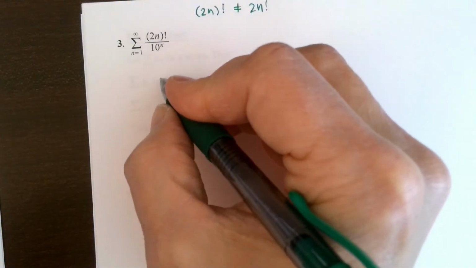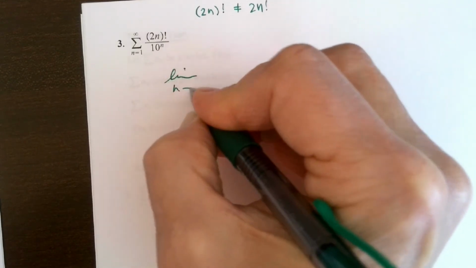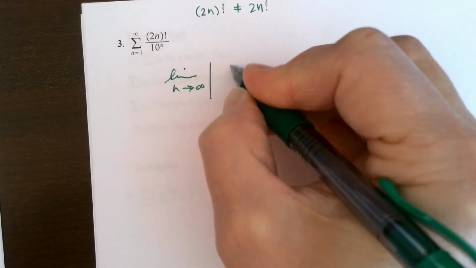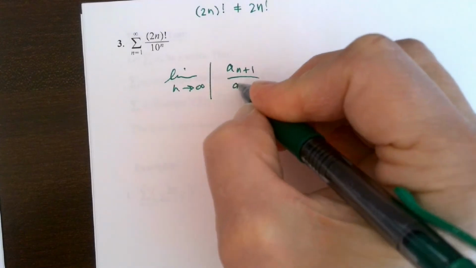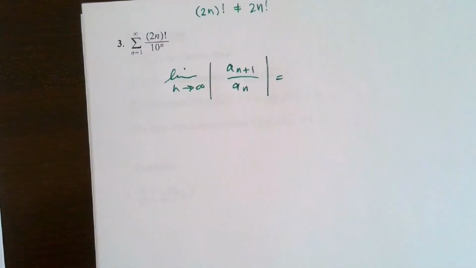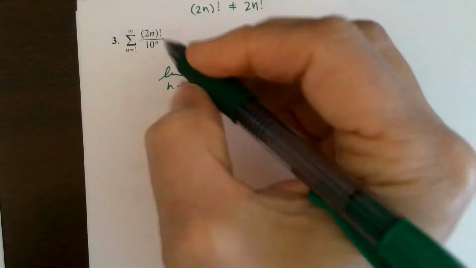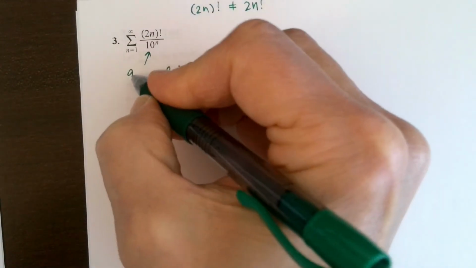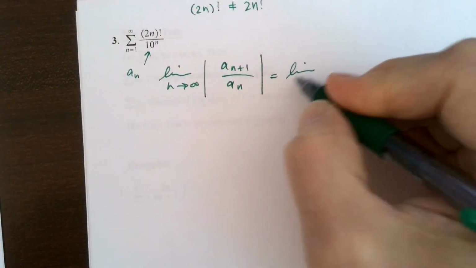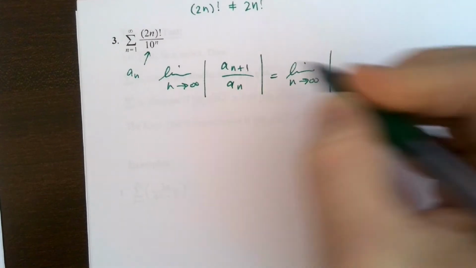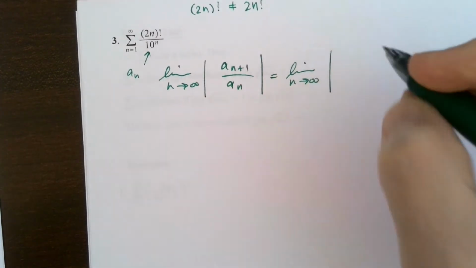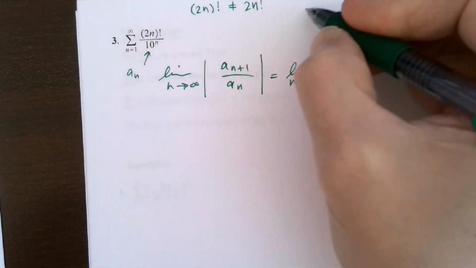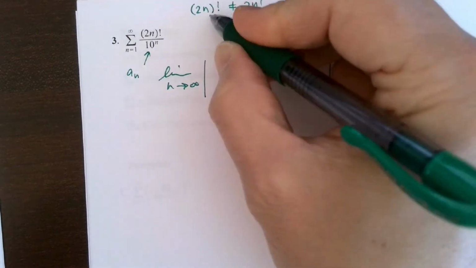All right, so let's look at this limit as n goes to infinity. And we're looking at this ratio again, using the ratio test. A sub n, this is the a sub n's that we're adding up here. And so limit as n goes to infinity, a sub n plus 1. Now we're careful. If I replace, so I got 2n factorial.